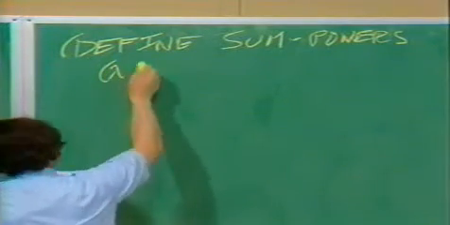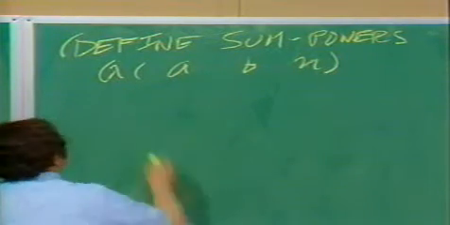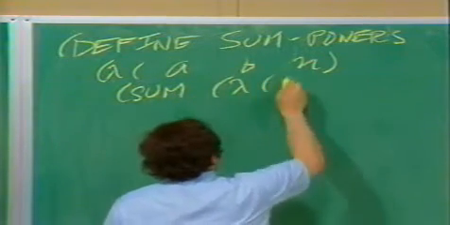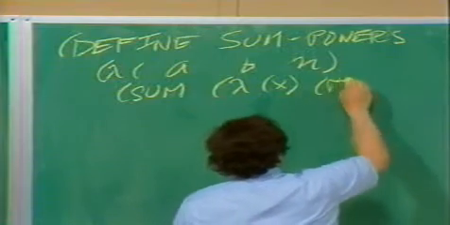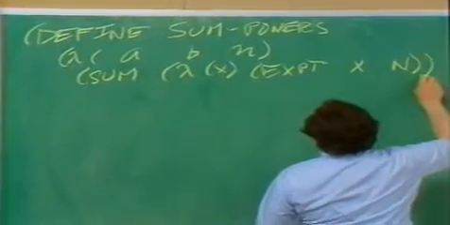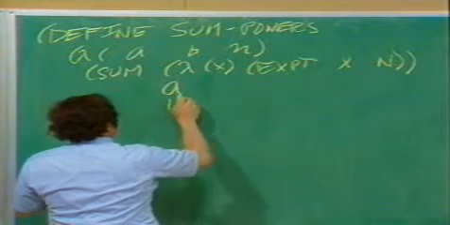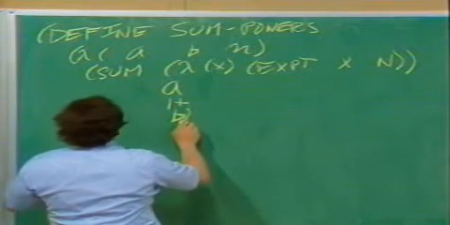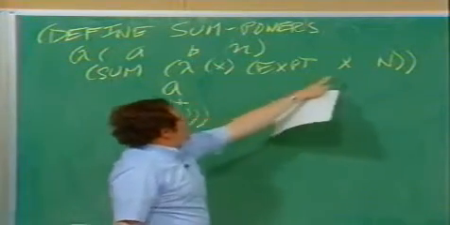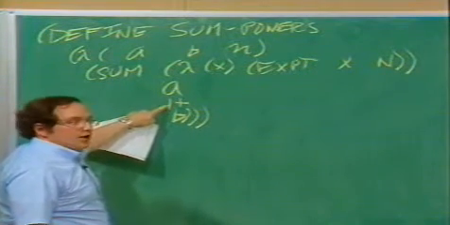It's a procedure of a, b, and n: the lower bound, the upper bound, and n, which is the sum of a lambda of x, a procedure of one argument x, which exponentiates x to the n, with the a, the incrementer, and b being passed along. So we're adding up x to the n given an x. X takes on values from a to b, incrementing by 1.